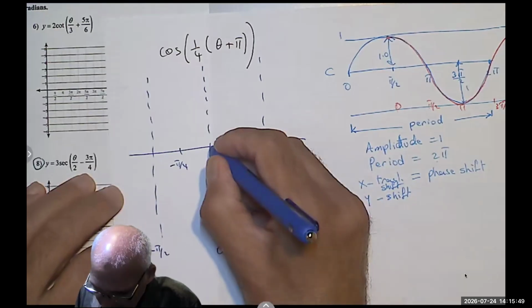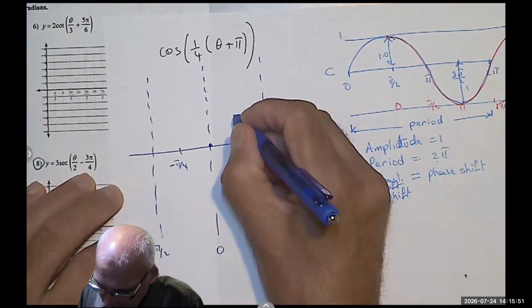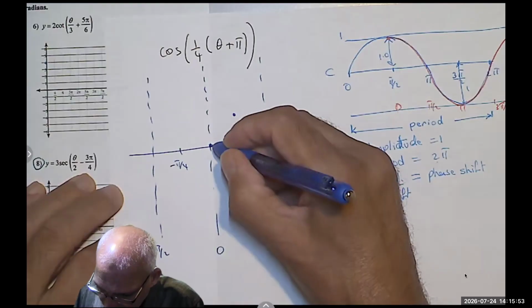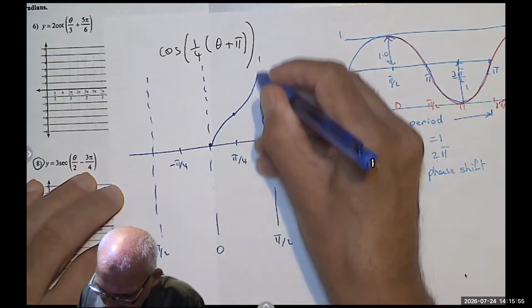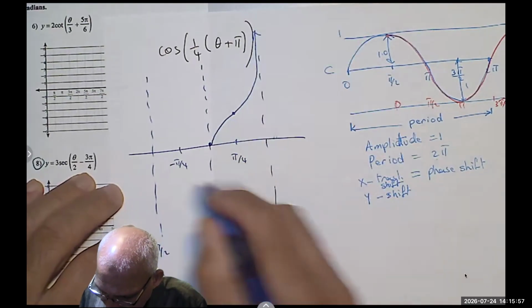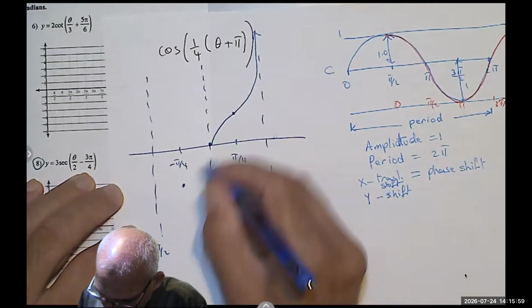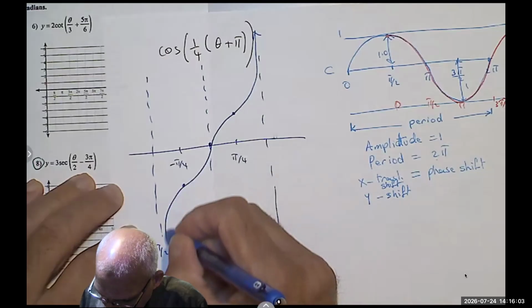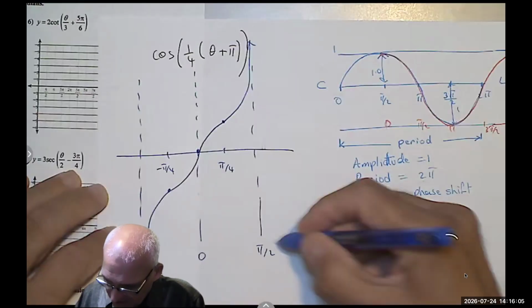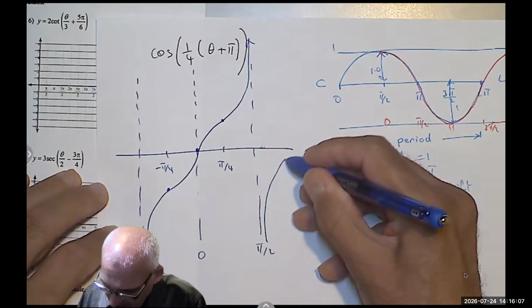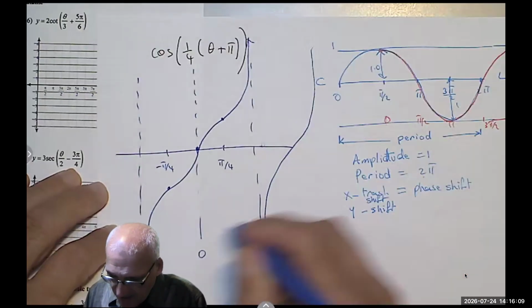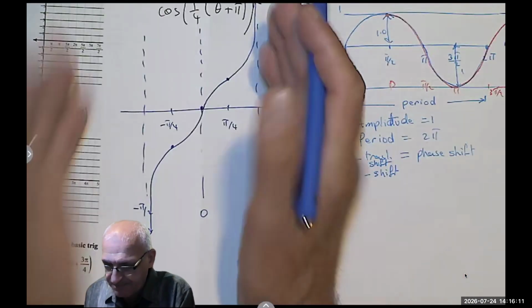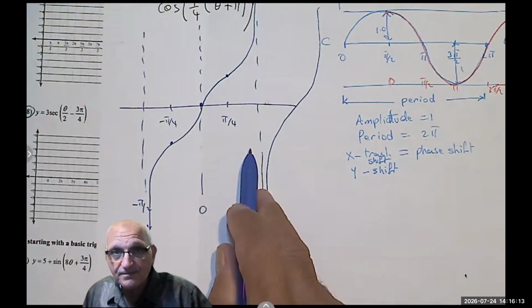I know tan 0 is 0, tan pi over 4 is 1, and it's going something like that. Tan negative pi over 4 is -1, and this goes something like that. And then this repeats. So it starts from here and one from here, but that's basically what we are looking for.